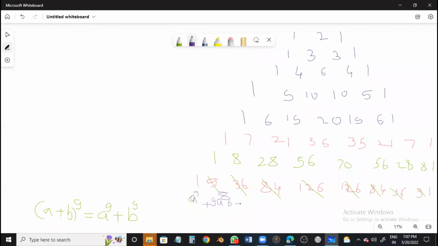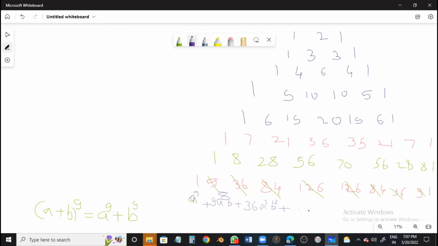What will be the next term? 36 a raised to 7 b square plus and so on. Who is playing a role over here? Neither a nor b, but the coefficient. If the coefficient happens to be a multiple of 3, then it will be certainly 0. So 9 times a raised to 8 into b will be certainly 0.